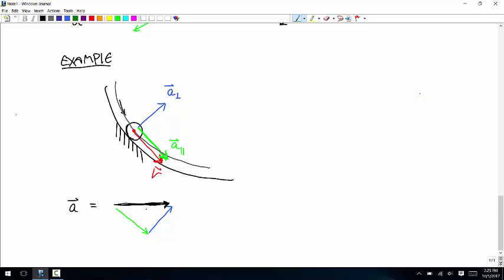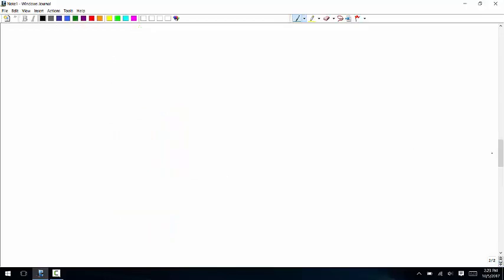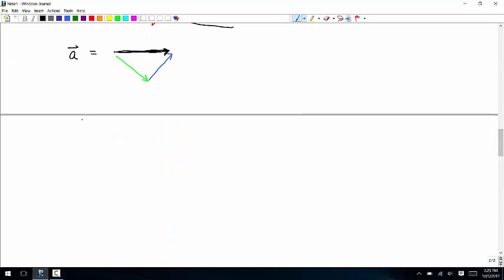So all we can say is there's a range of possible directions of the total acceleration. And that range looks like, actually it's a range of possible directions for A.